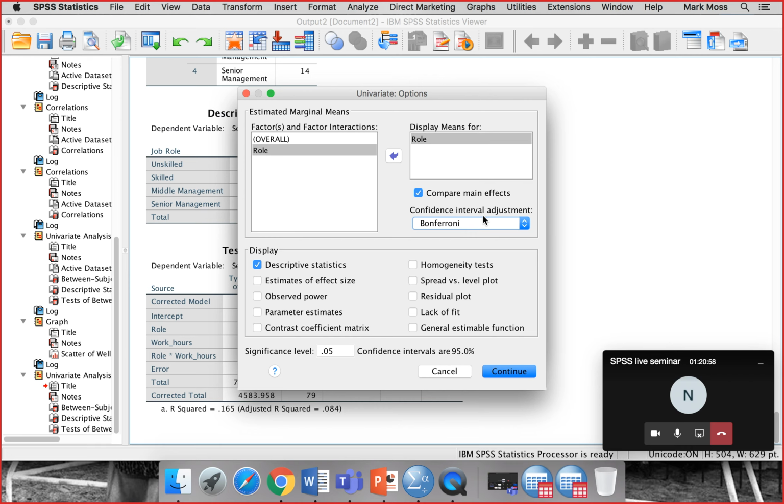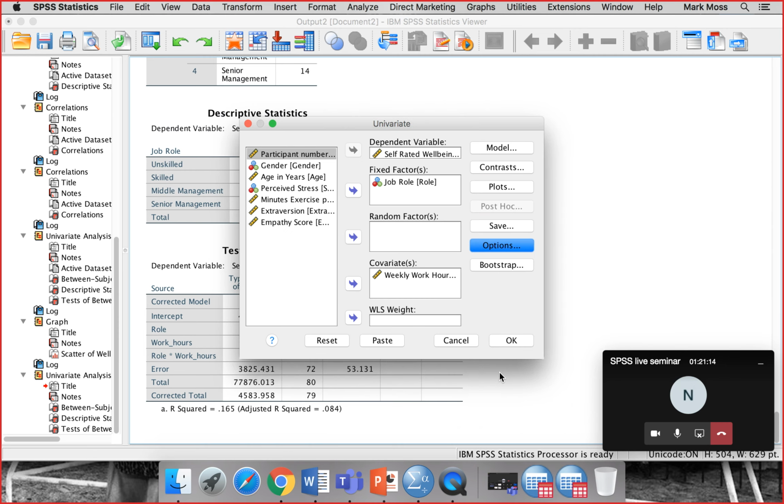So if we want to find out which group's significantly different from which, you have to go through this estimated marginal means route to then compare main effects and select a confidence interval adjustment. We always use Bonferroni. Then we click on Continue and on OK.